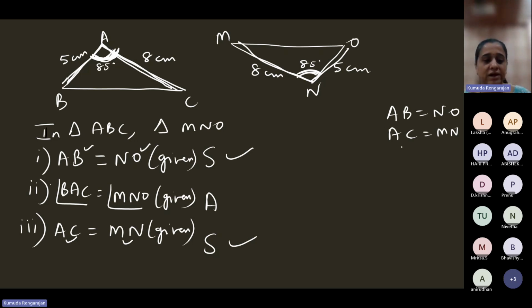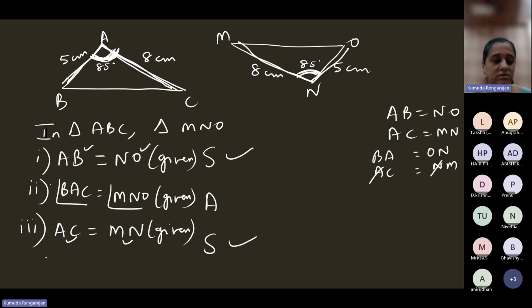AB is equal to NO and AC is equal to MN. So the common letter is A: BA, AC. And in the second one, the common letter is N: ON, NM. AB as BA, AC as AC itself, and NO as ON, and MN as NM, because N is common. So now you can just remove that common letter.